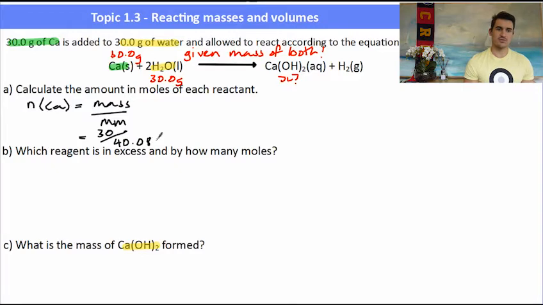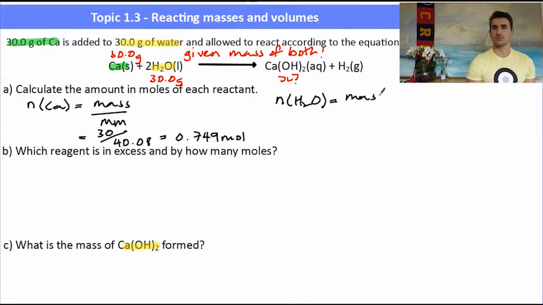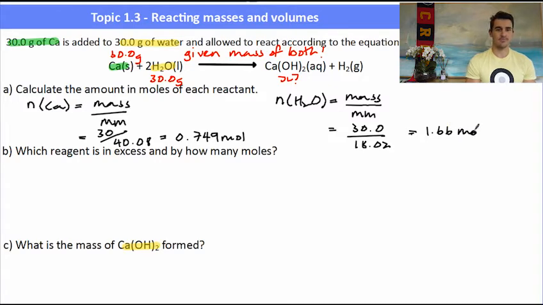We can work out the number of moles of calcium to be 0.749 mole. I can also work out the number of moles of water. Again, we've been given a mass, so the formula would be mass over molar mass. We were given 30 grams, and we divide that by the molar mass of water, which will give us our number of moles of water, 1.66 mole.